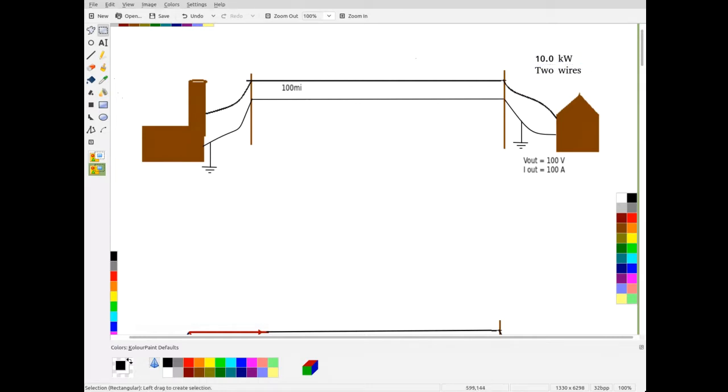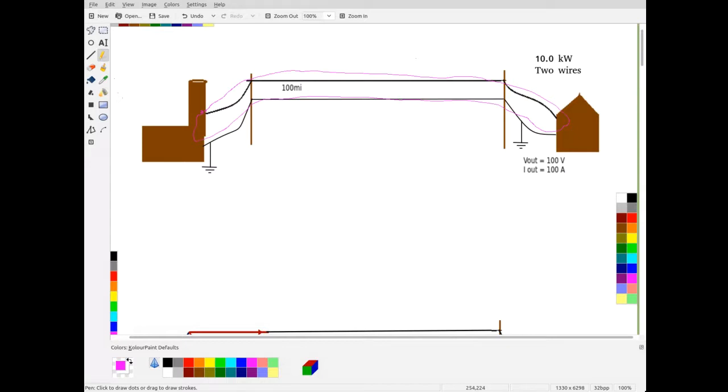I didn't really talk about the second wire, but remember, if we're sending electricity from the power company and we send 100 amps of current over to the house, it's got to return. For electricity to work, I need a complete circuit. If I don't have a complete circuit, I don't have electricity.